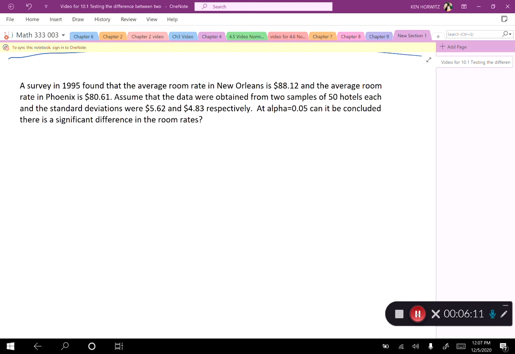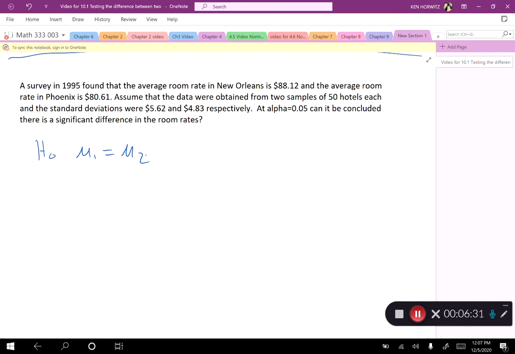All right, hopefully you've taken a minute to think about it. I decided that my null hypothesis was that the two means were equal. Now, the problem didn't indicate bigger or smaller.